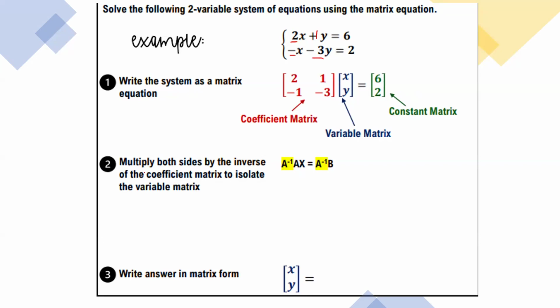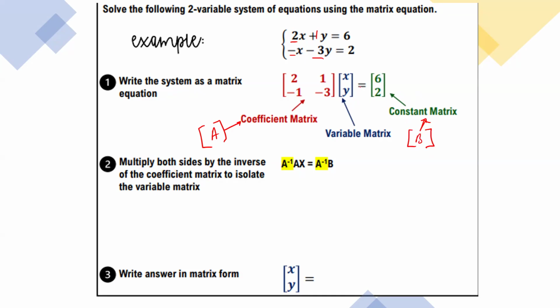After step one, we multiply both sides by the inverse of the coefficient matrix. This is our coefficient matrix, which we're calling matrix A. This is our constant matrix, which we're calling matrix B. We're going to use technology to model them.